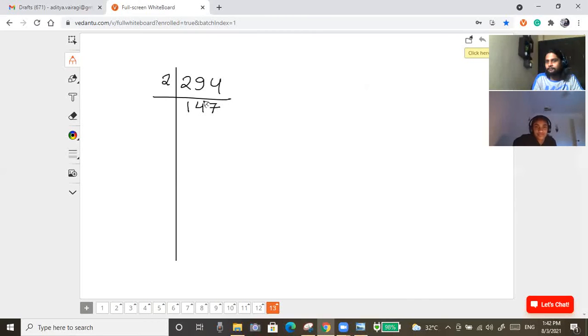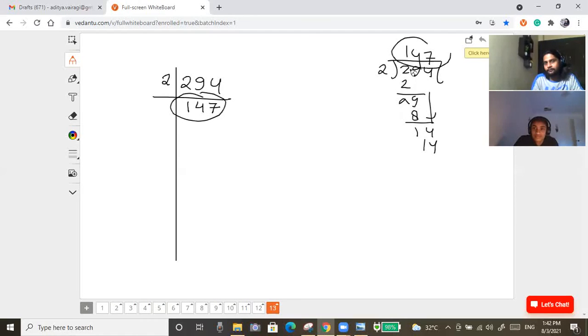Do you get the system? How did we do it? Actually for 294, we only write the quotient, like 2 ones are 2, then 9 is noted down, 2 fours are 8, then 4 is noted down, 2 sevens are 14. So 147. So I just wrote 147. We don't write this much. Okay, I'll undo it.